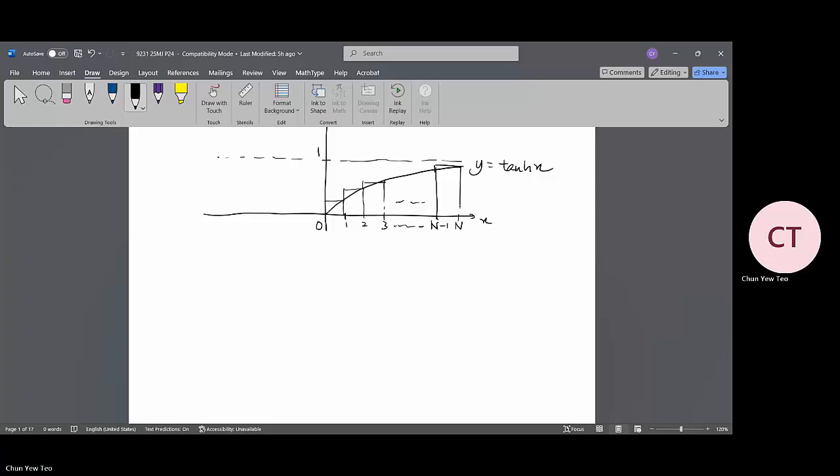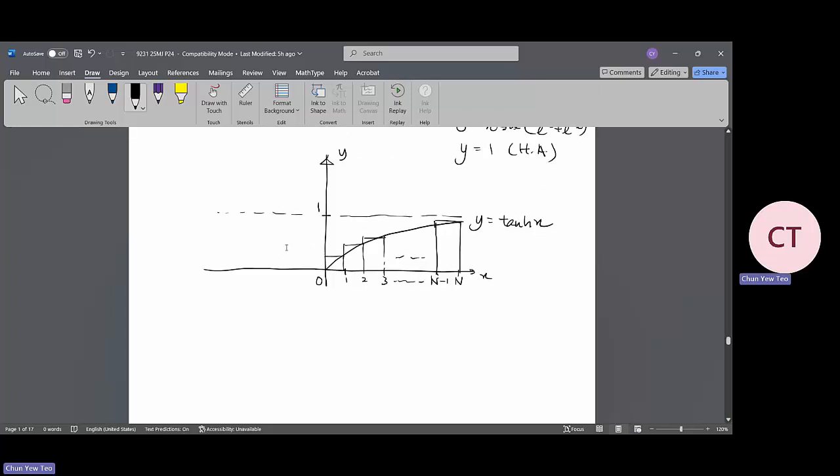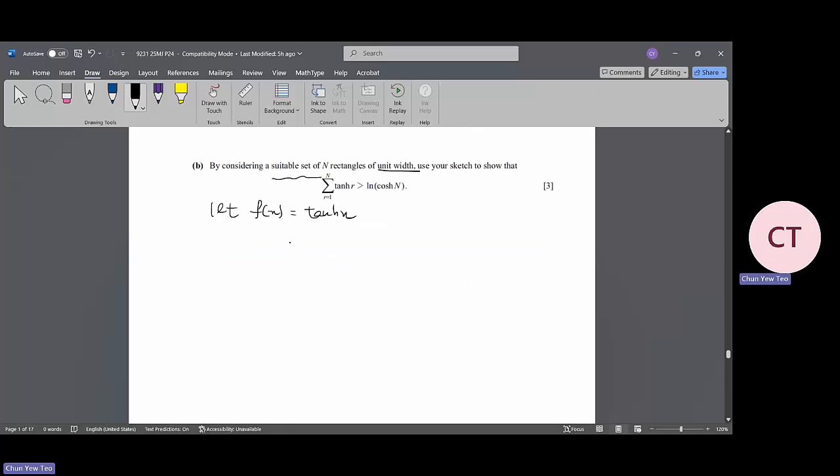Okay, so these are the situations. So what you need to do now is f(1) multiplied by 1 plus f(2) multiplied by 1 plus until f(n) multiplied by 1 is greater than the integration of tanh x dx from 0 until n.